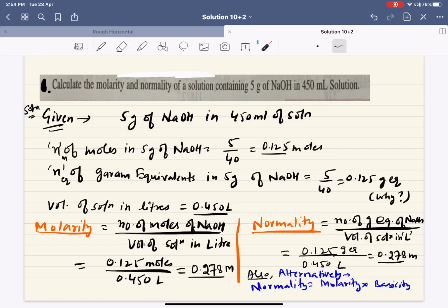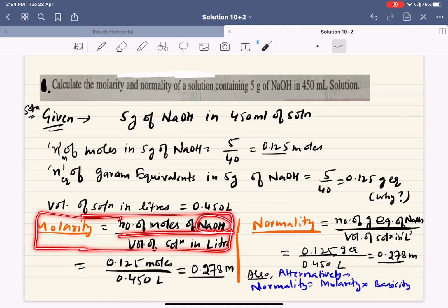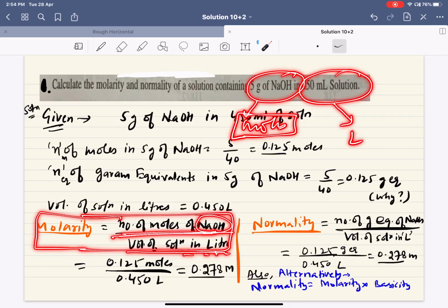First of all, what is molarity? Number of moles of solute, and the solute here is NaOH, divided by volume of solution in liter. This is the formula for molarity. It means you need solute in moles and solution volume in liter.